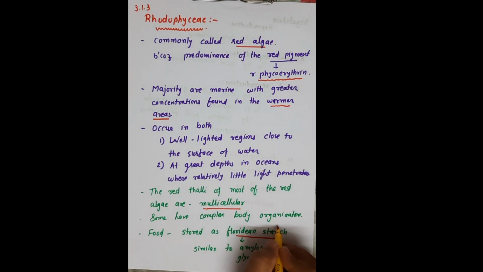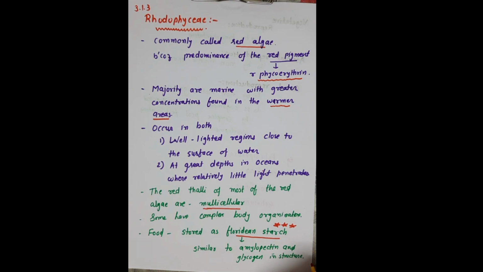Food storage होता है कौन से फॉर्म में? Floridian starch, which is similar to amylopectin, a polysaccharide, and glycogen in structure. The food carbohydrate form में store होता है, which is in the form of Floridian starch, similar to amylopectin and glycogen in structure.